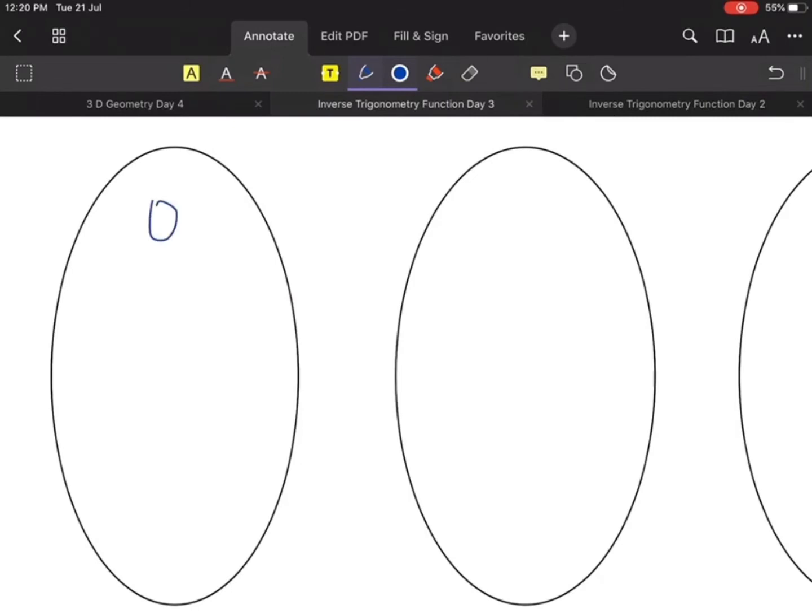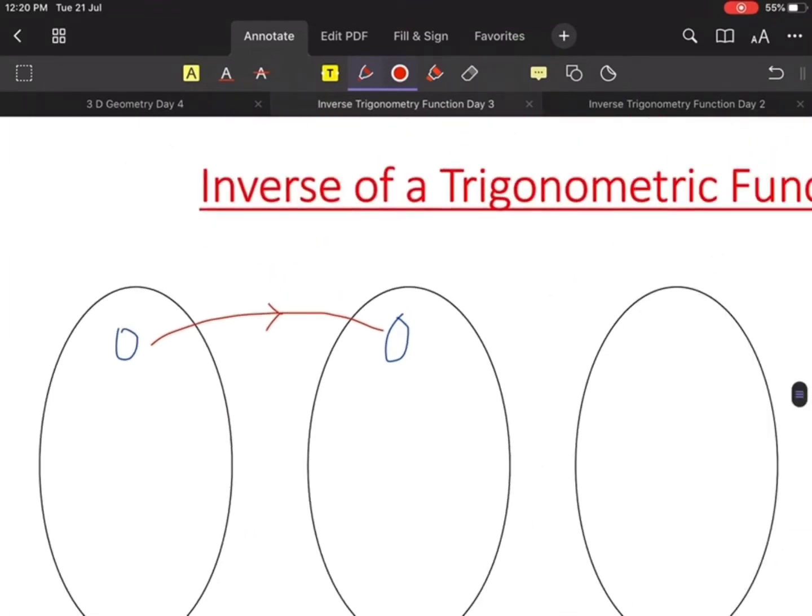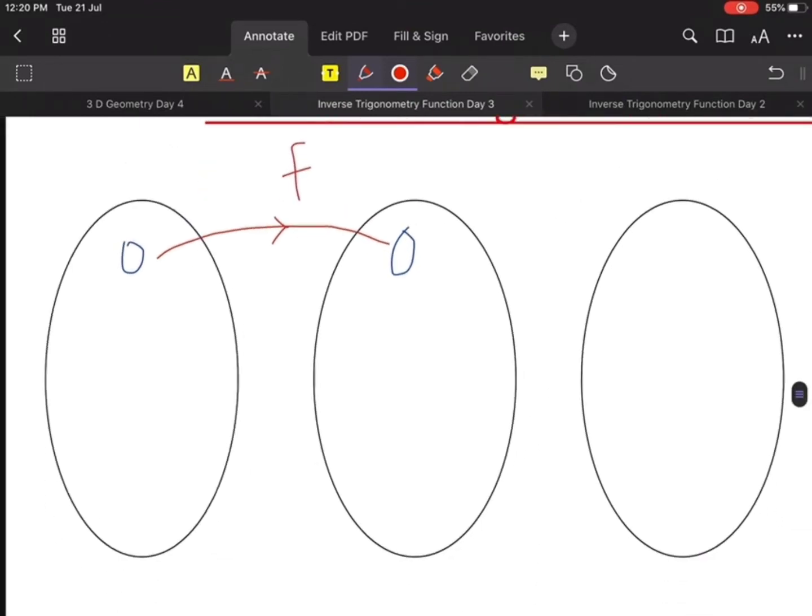Suppose I take the value 0 degrees. Now sine 0 is how much? Sine 0 is 0. So the 0 element of set A is mapped to the 0 element of set B. I will write this as a function, sine.